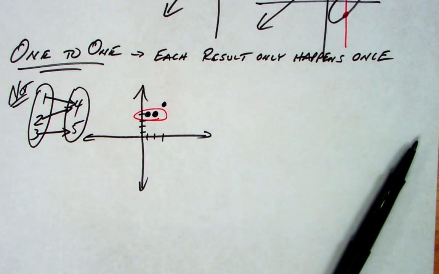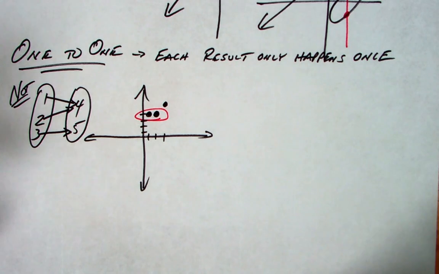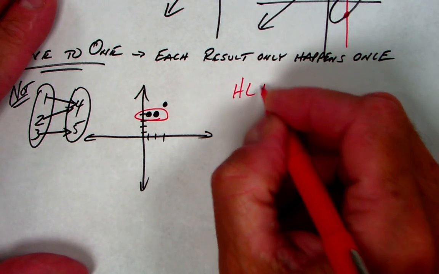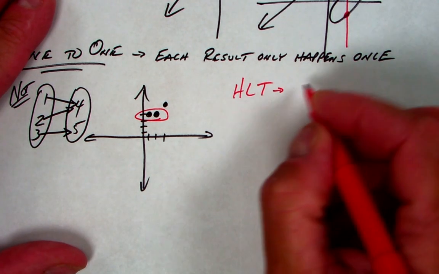Can you think of a different test instead of vertical? Horizontal line test. The horizontal line test says that if a horizontal line hits it at more than one point, then we must have the same result happening multiple times, and it's not going to be one-to-one.